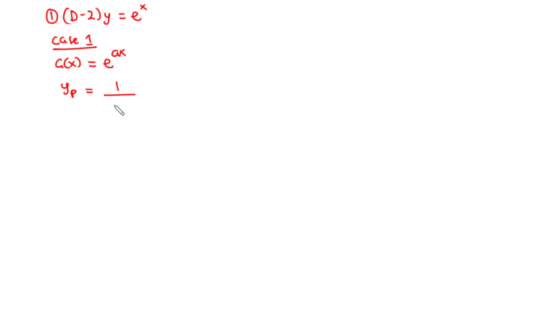Given the same differential equation, (D - 2)y = e^x, to solve it we are going to consider the first case. For case 1, when g(x) is an exponential function of the form e^(ax), we can represent the particular solution as 1 over f(D), where f(D) is the polynomial function of the D operator, times e^(ax).